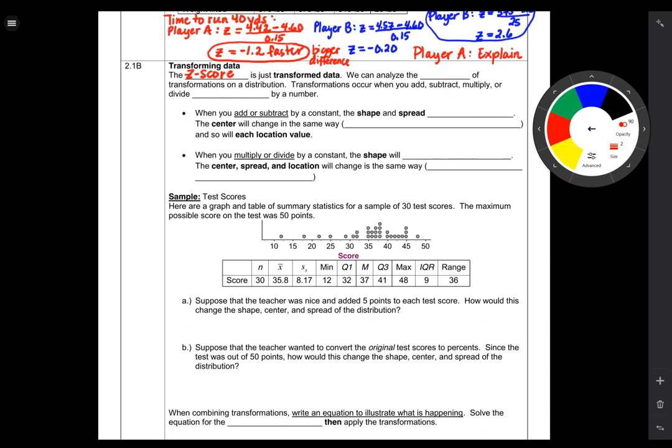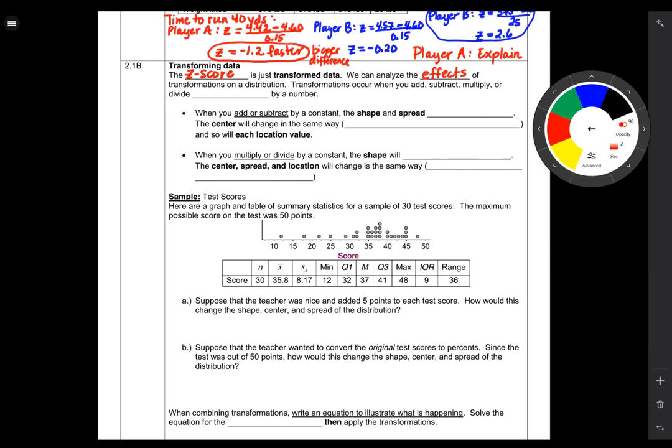We can analyze the effects of transformations on a distribution, just as if you remember from Algebra 2, we did transformations of equations. So if we had a parabola that was y equals x squared, and we then shifted it 2 units up, it would be x squared plus 2. Or if we multiplied it, it would be y equals 2x squared, and so on.